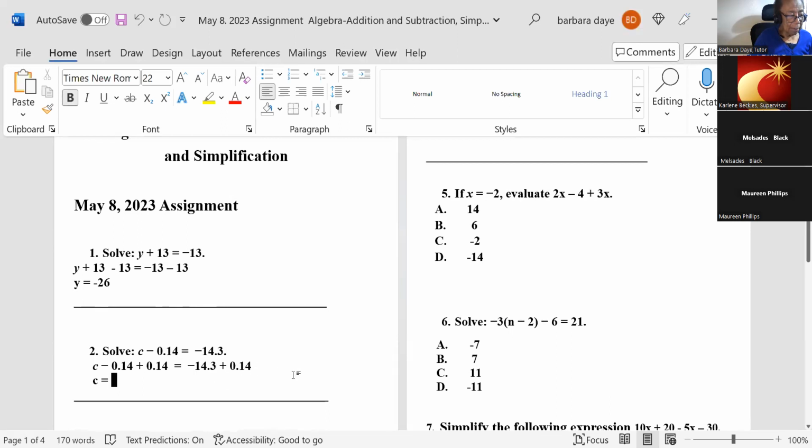Which one? The 14.3. That's right. So you know this will be a negative, right? The sign of the number with the greater absolute value. Or another way of looking at it, you have more negative than positive, so you know your answer will be negative. Now, Maureen, what is your answer? I get negative 14.16. That's right. That's more like it, because that's what you get from subtracting.